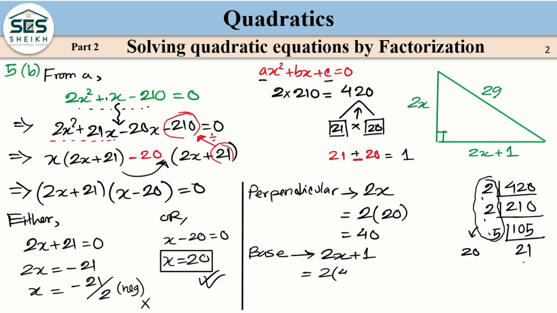So 2 times 20 plus 1, which has to be 40 plus 1, and 41.